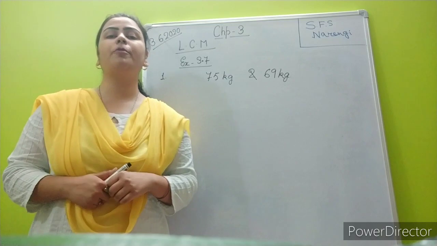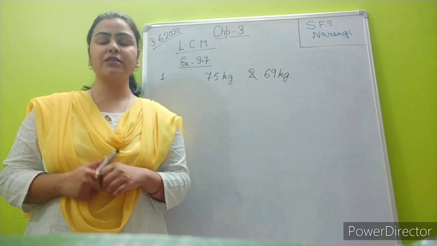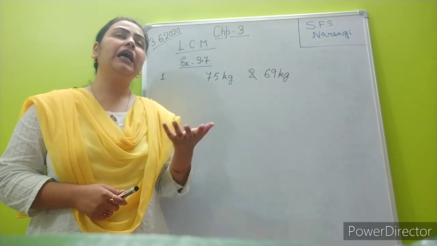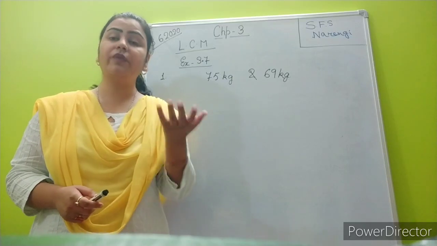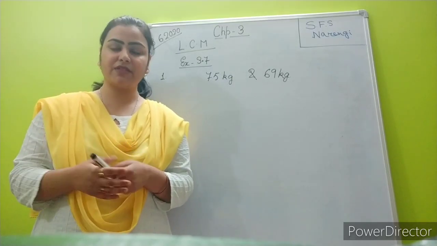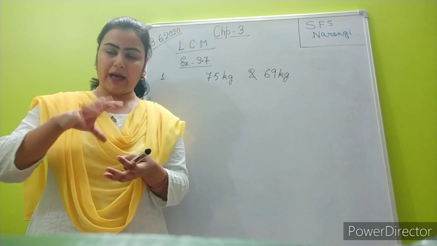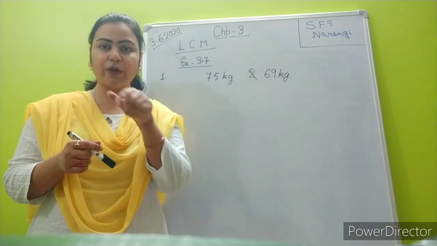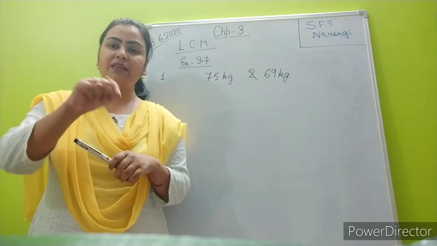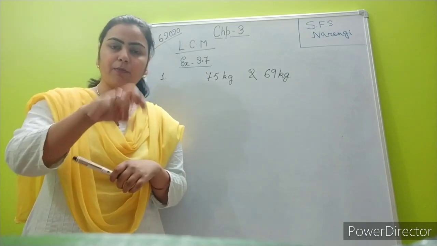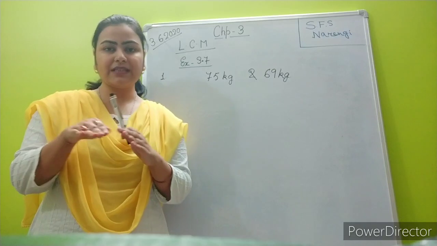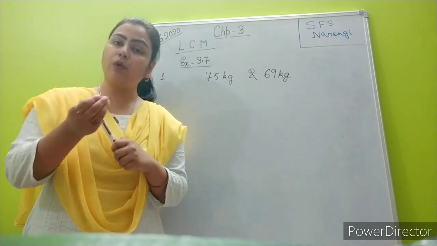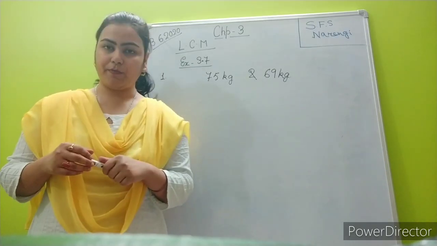Then what does the shopkeeper do? Nowadays obviously digital balances have come, but even then you must have seen that they put it in a bag and put it in a place and it starts showing the weight, and they adjust the weight either by putting some more or by taking out, and once it reaches the weight you have asked for, then they give it to you.